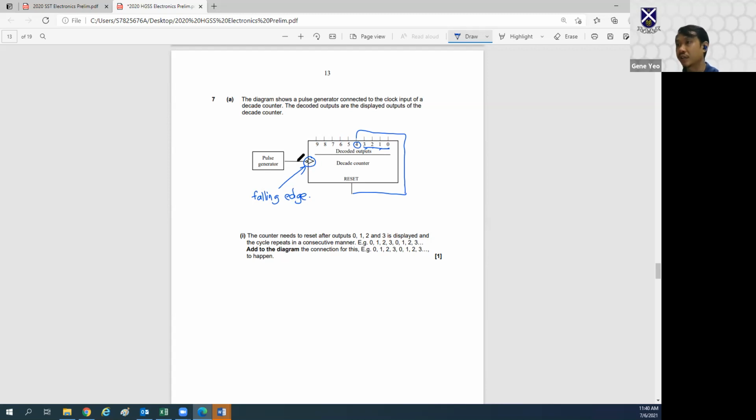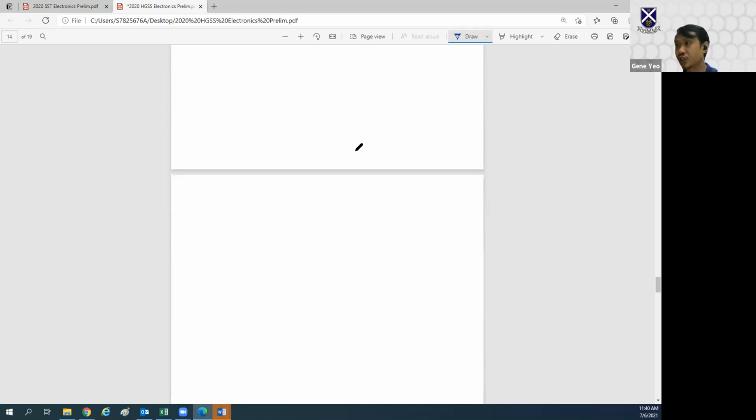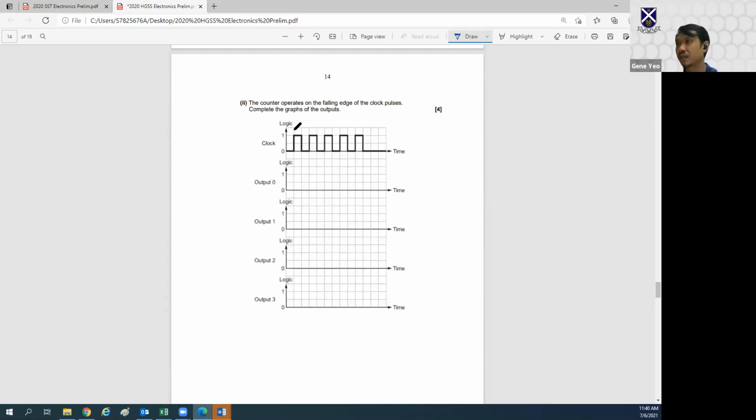So every time there's a falling edge in the pulse generator, it will count up. This is one falling edge here, so it will count. This is one falling edge. This is one falling edge. This is one falling edge. This is one falling edge.